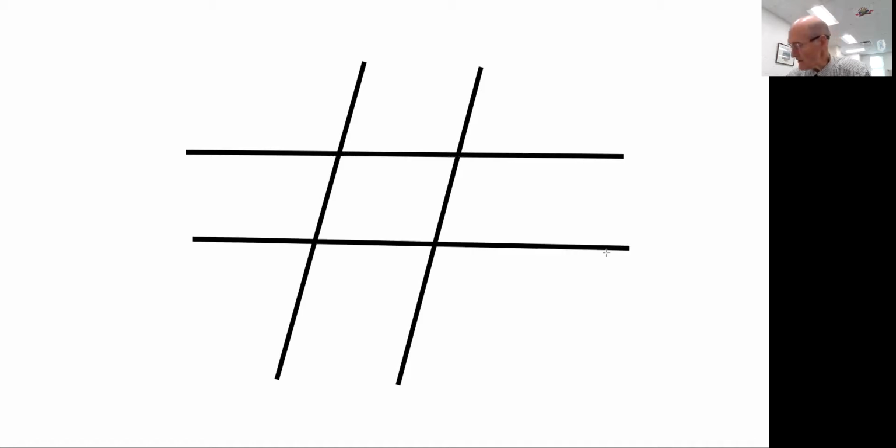So now we're going to go in and number all these angles. So this would be angle 1, 2, 3, 4. And we go around here, we go 5, 6, 7, and 8.